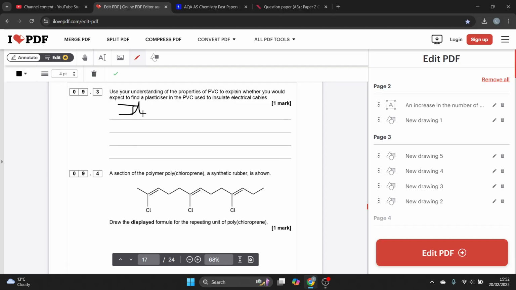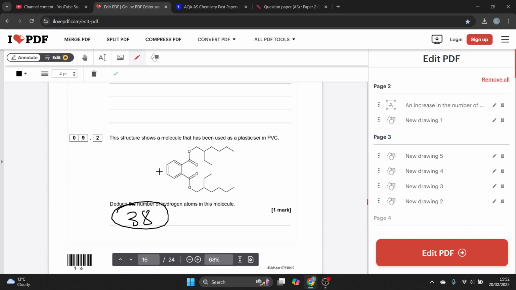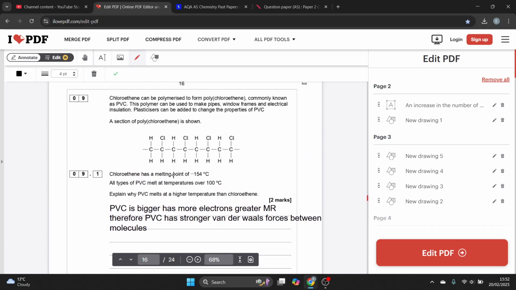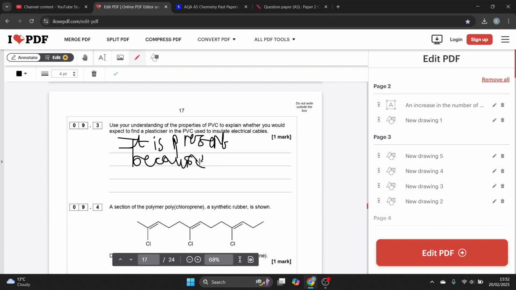Well, yes, you would expect to find plasticisers in PVC used to insulate electrical cables, because PVC needs to be flexible.